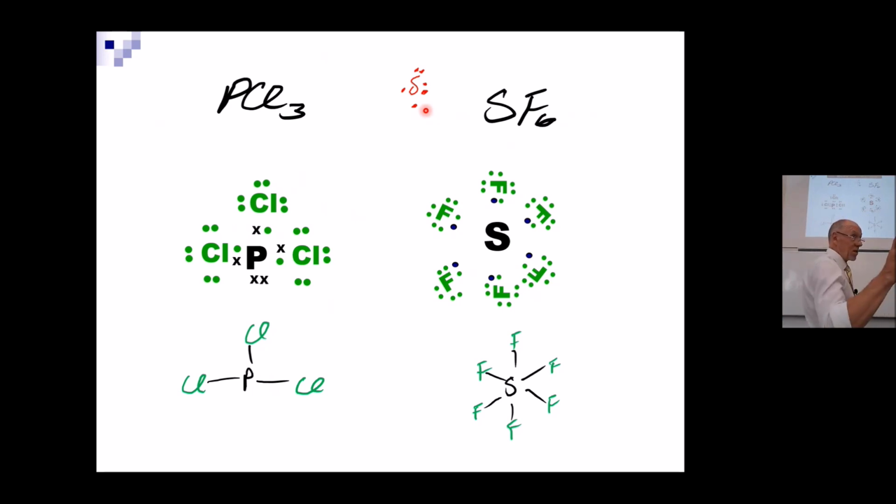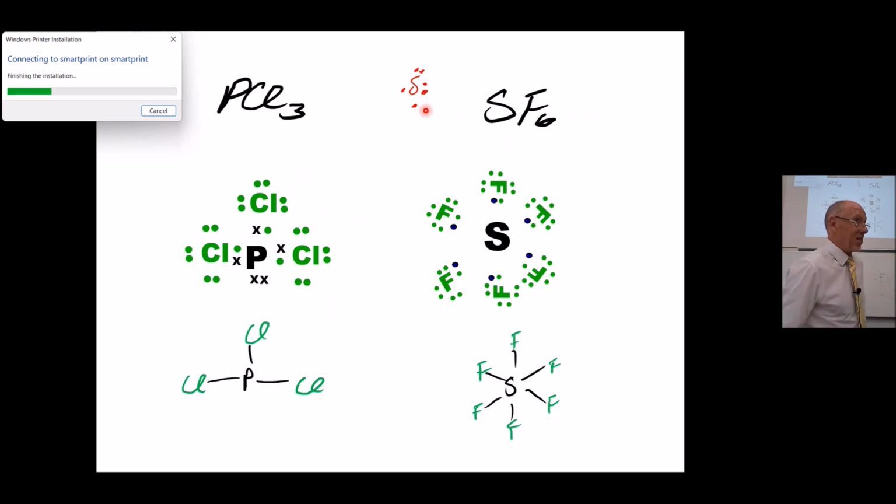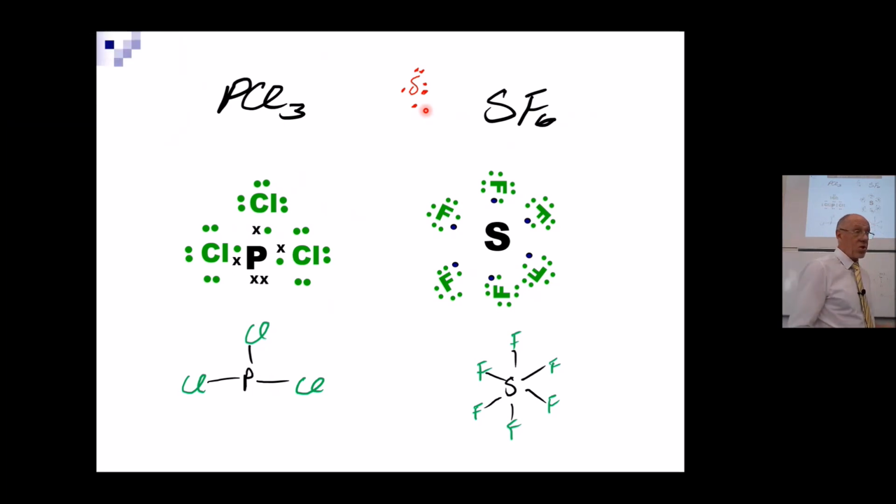It's only got 2 vacancies because remember that we said before a full shell was 8. So it actually only needs 2. This is just what it does. If you ask me the reason it does, the only thing I can say to you is it's the lowest energy structure. That's the guiding principle for everything that happens.